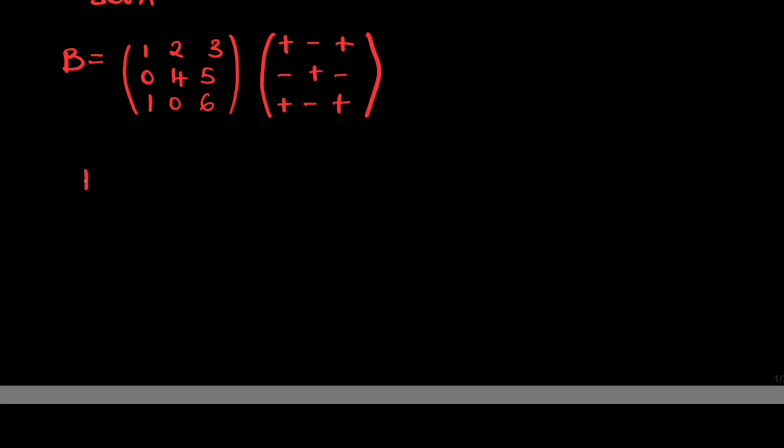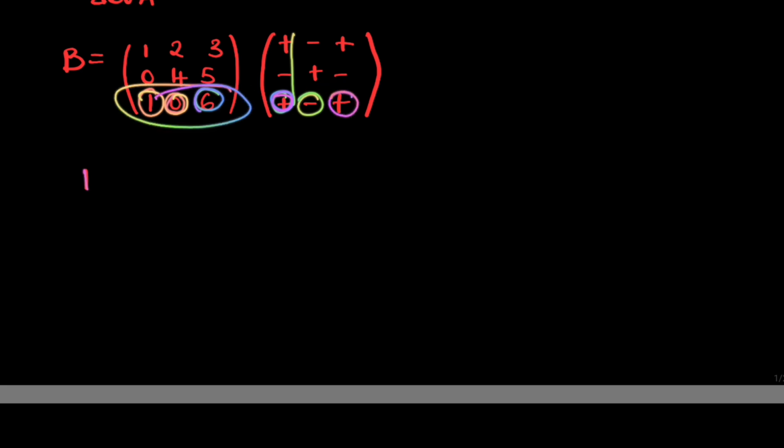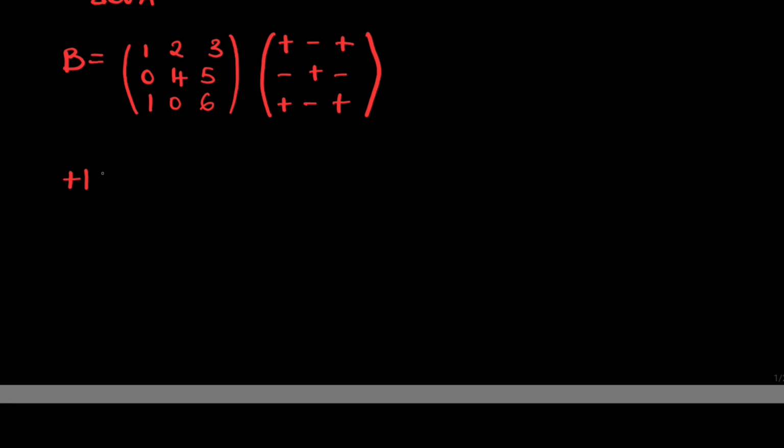We take the first number and look at its position. It is at this position, so it's going to have a positive sign. This 0 will have a negative sign, and this 6 will have a positive sign. So we are using this rule. Now we take the 1, positive 1, times.